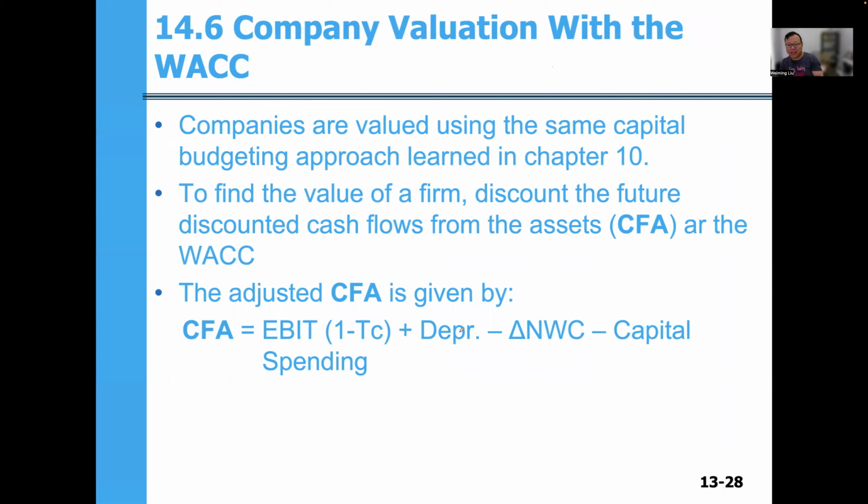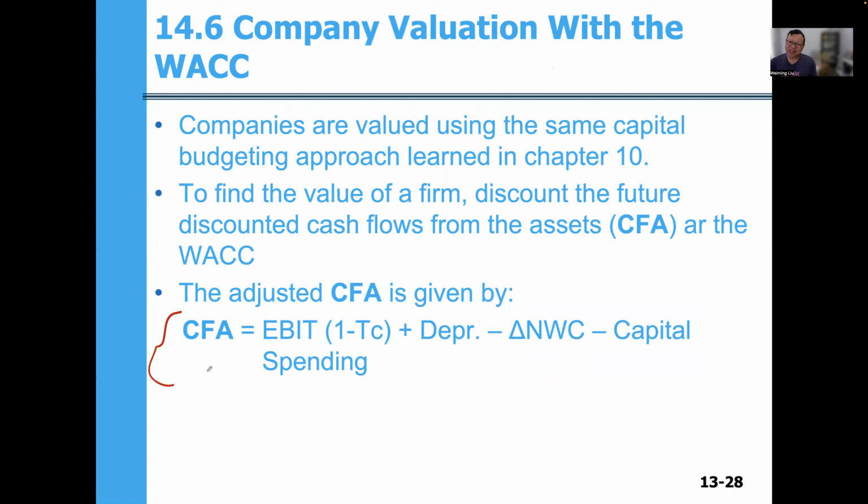Company's valuation with WACC. So you may remember this formula, the cash flow from asset, CFA. That equals EBIT plus depreciation minus tax, right? And minus net change of working capital minus capital spending.